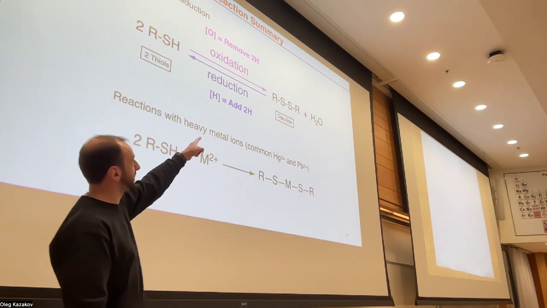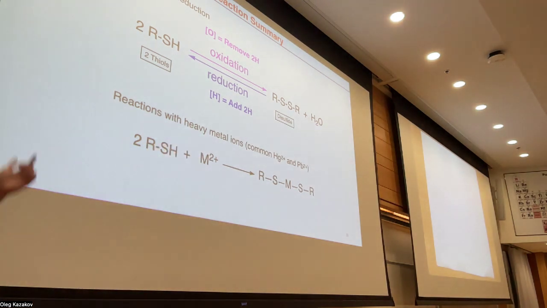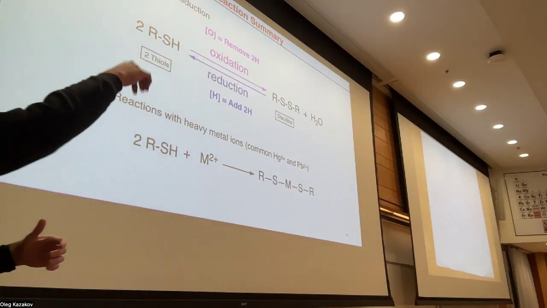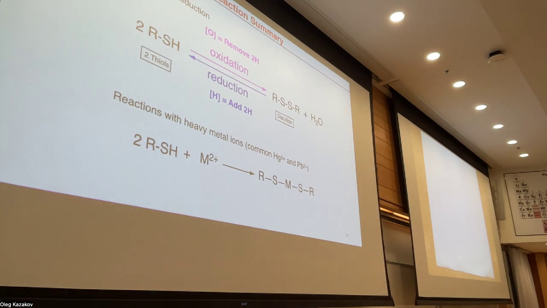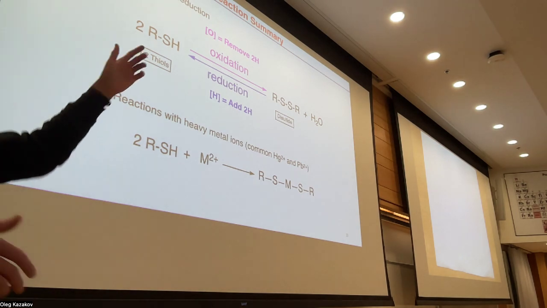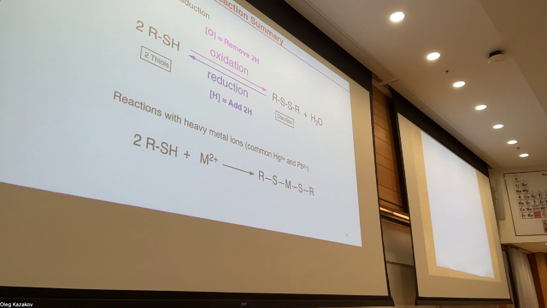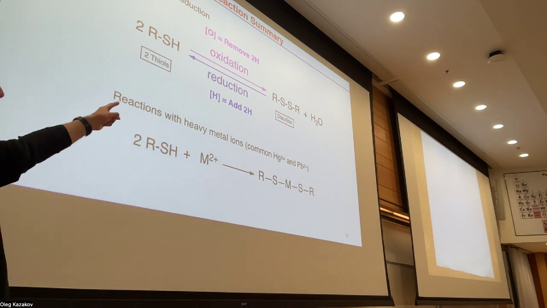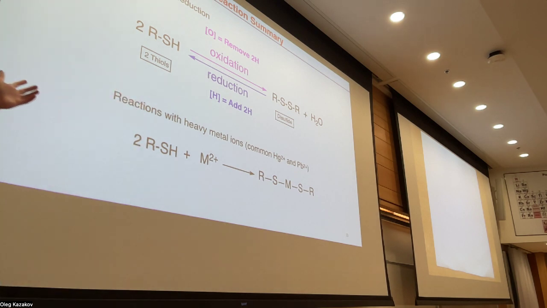Because you have this disulfide, so 2 RS pieces together, you need to start with the 2 RSH pieces, from each of which you will remove the hydrogen to make those final products. Water is a more complicated reaction here.